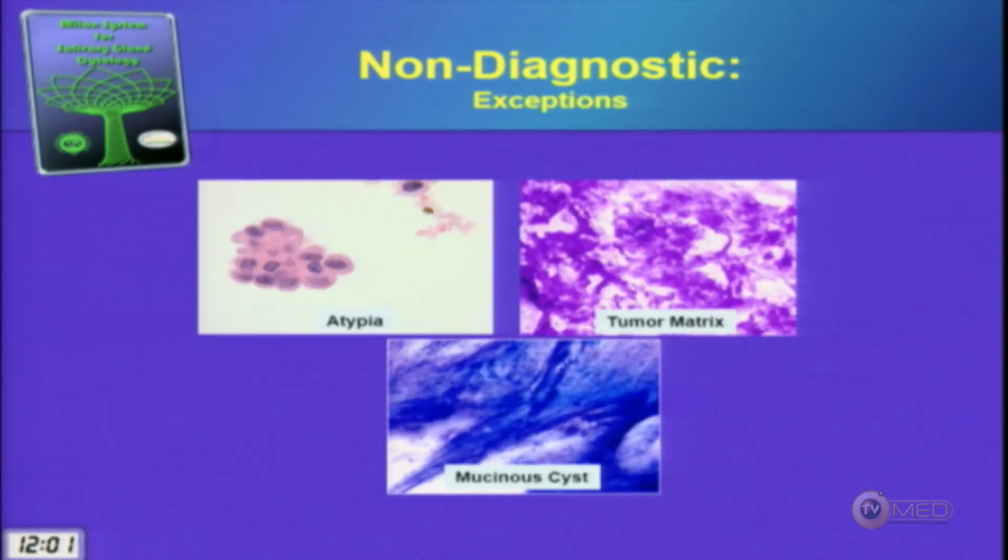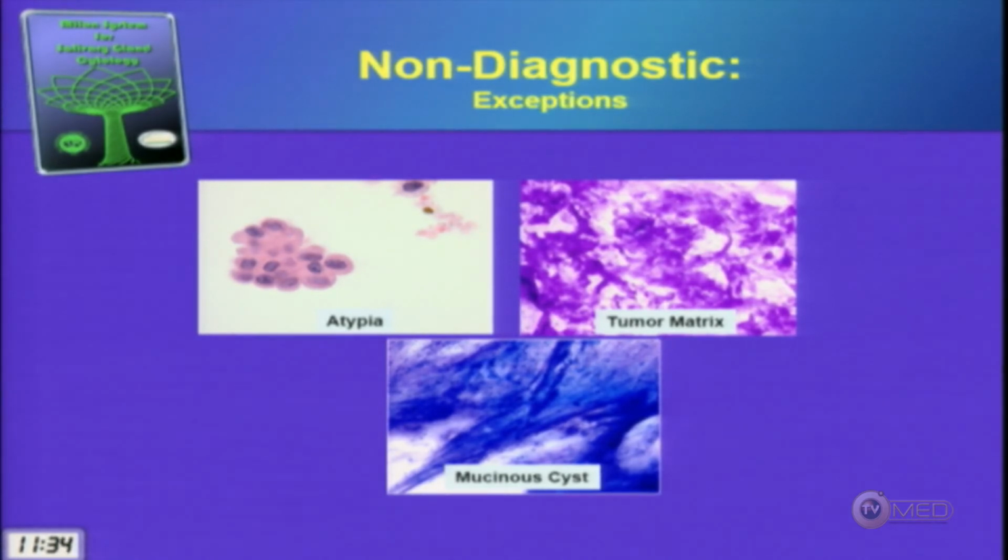There are three exceptions to the non-diagnostic category. If you have any kind of atypia, we would recommend placing that diagnosis into the atypical category rather than non-diagnostic, because in terms of clinical management, the atypical category is more often going to go to surgery, whereas the non-diagnostic is going to get some kind of often non-surgical follow-up.